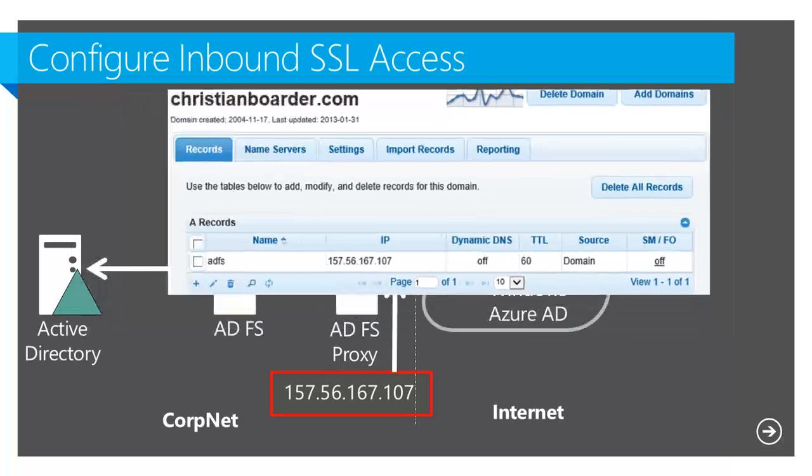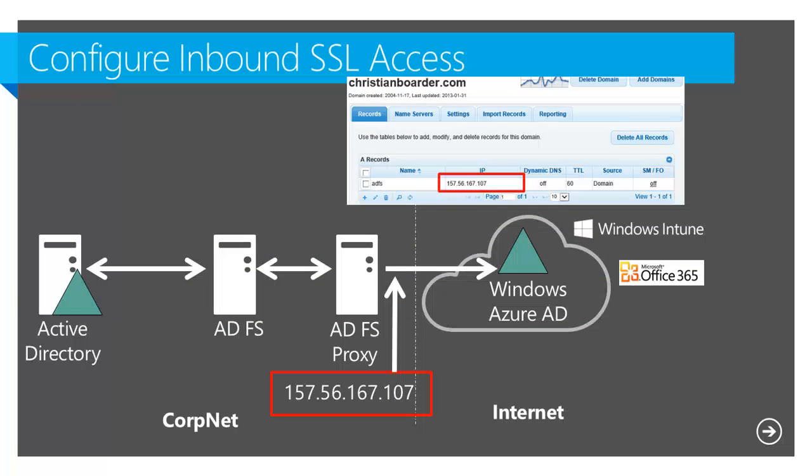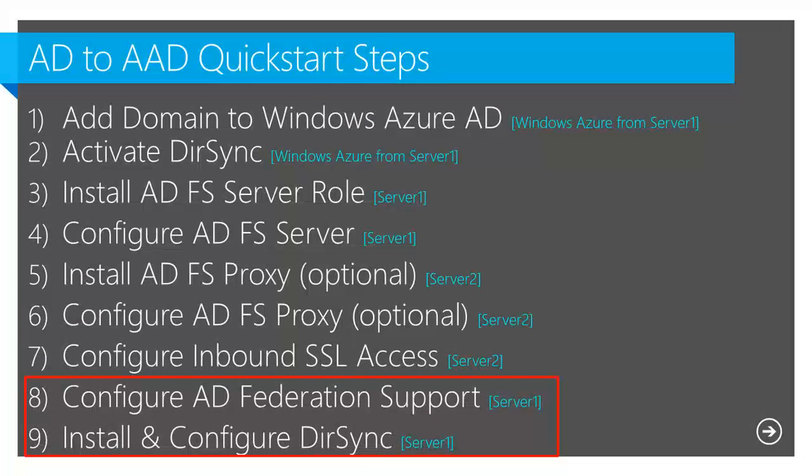All right? So we put that entry in there, and what will happen is that Windows Azure AD will now be able to connect back and authenticate when it looks for those federated user IDs after we finish the rest of the configuration. Okay, so the last two steps here are configuring AD federation support and installing and configuring DirSync.